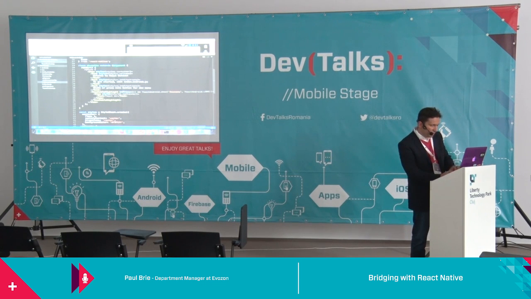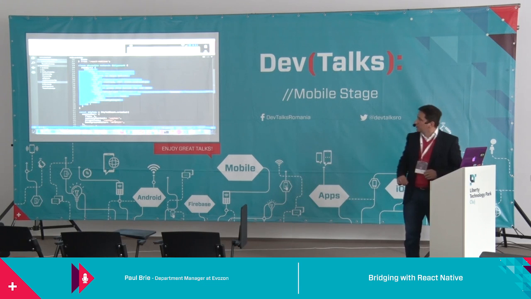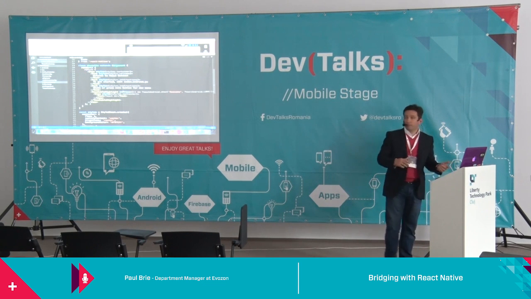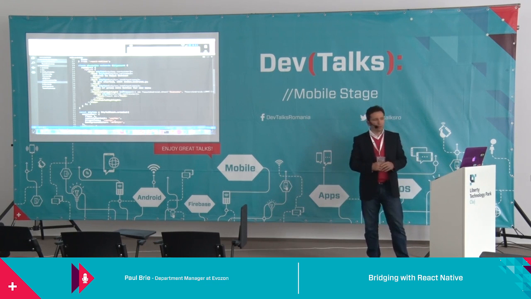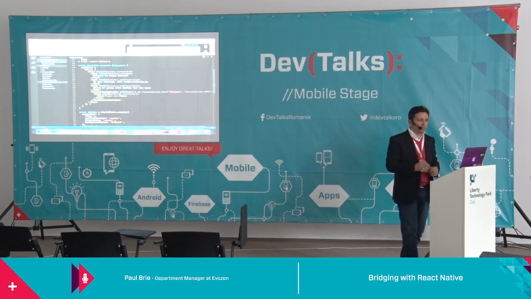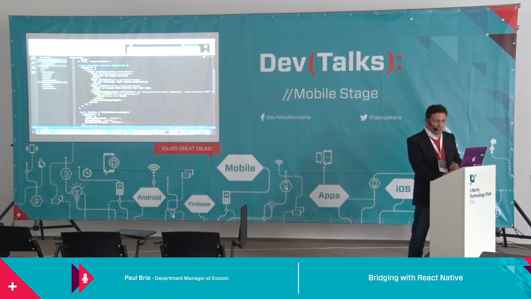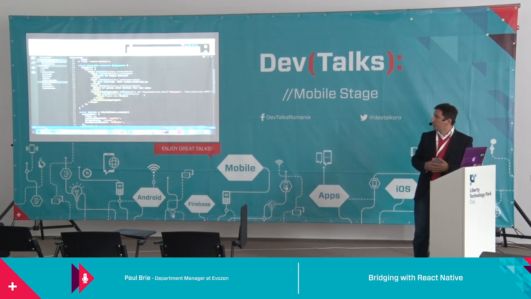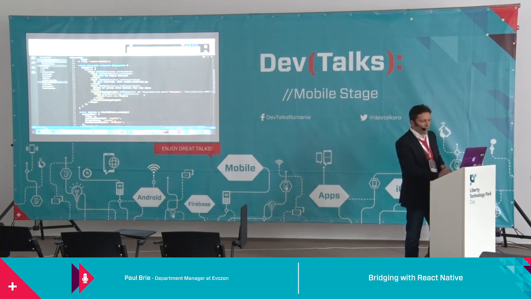Oh, sorry. No, apparently it's not for this. Anyway, basically all my code is presented here. What I did, I took an example from the React Native tutorials, and the point was to connect this code, meaning this button, with the trigger of a toast message.